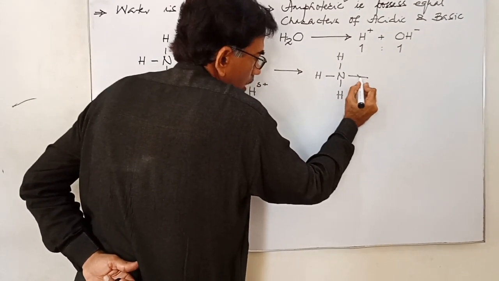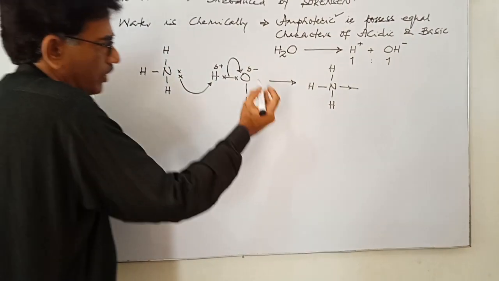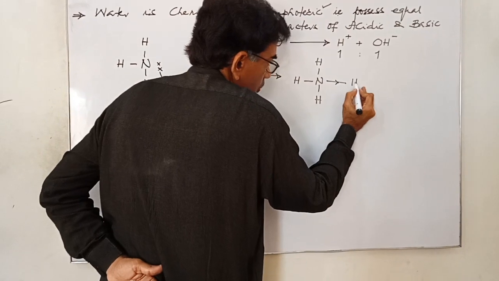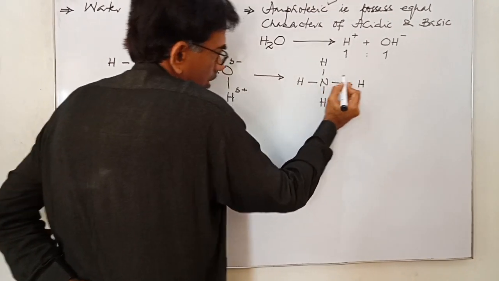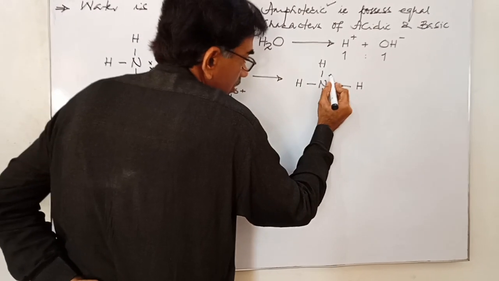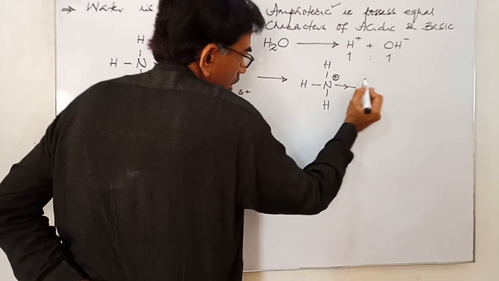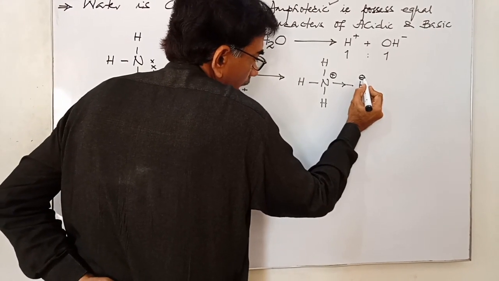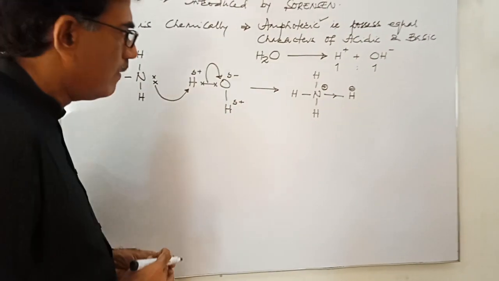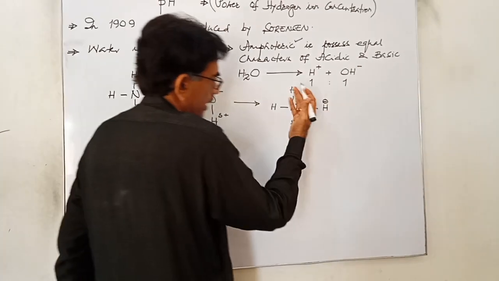This is a donor. Nitrogen is the donor of the electron pair, and hydrogen of water is the acceptor, and we have to put the symbol for the donor and acceptor. So donor we always express by positive, and we have the acceptor.